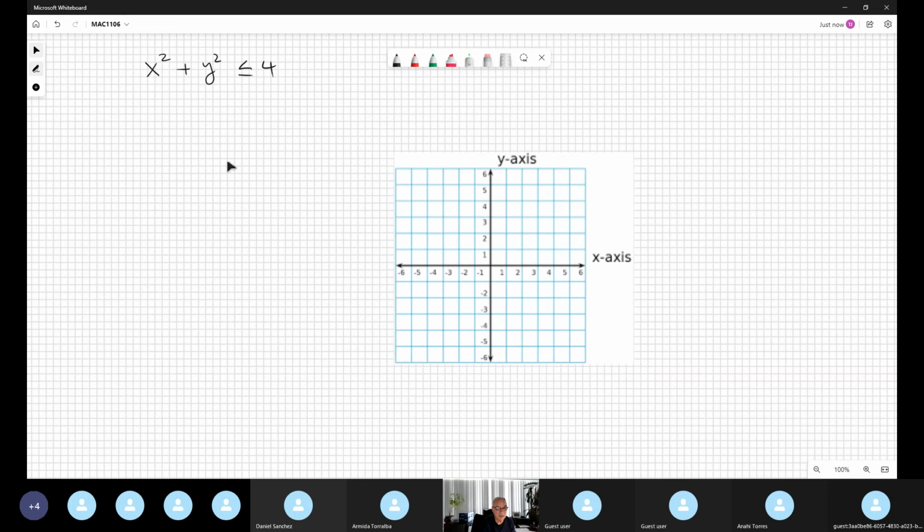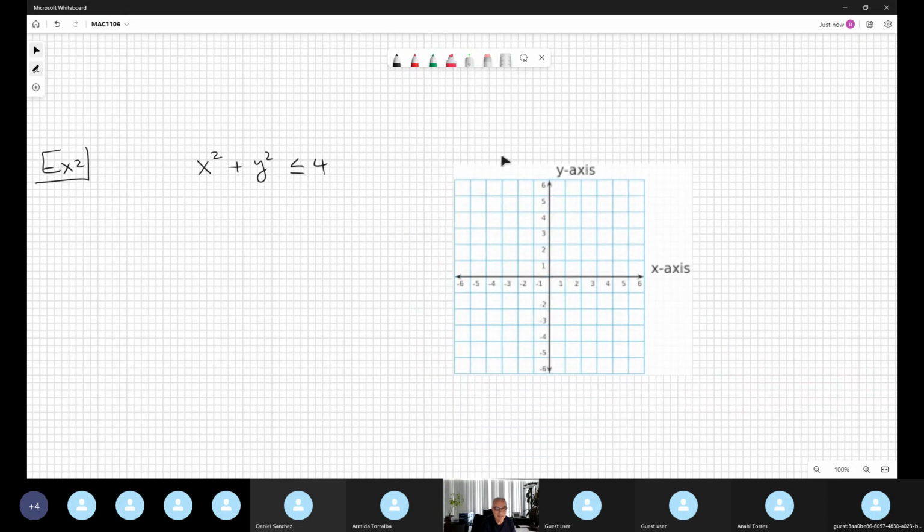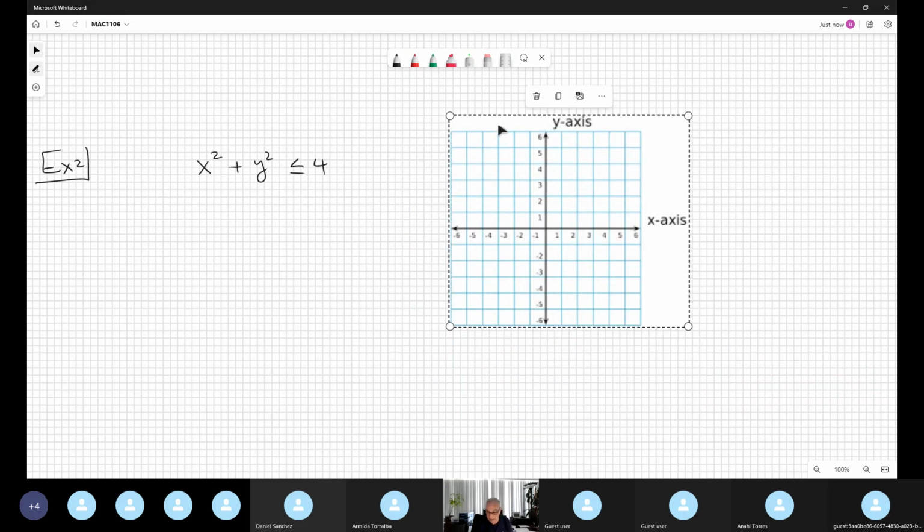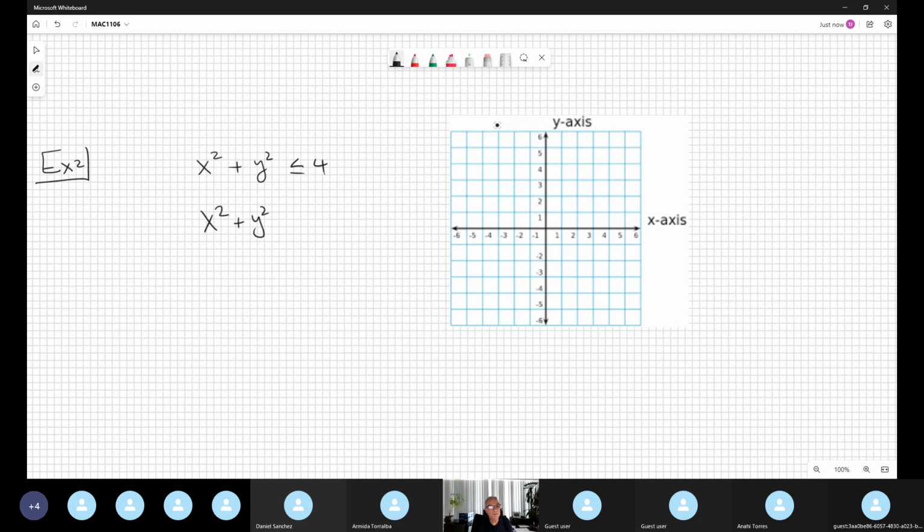I suppose that you recognize the related equation when you replace this sign with an equal sign, because for me it's easier to understand. It's a circle, yes or no?